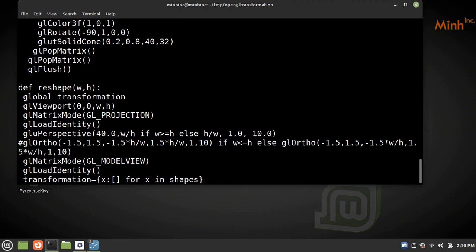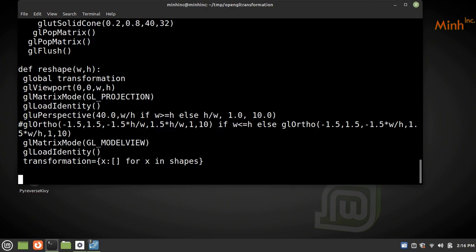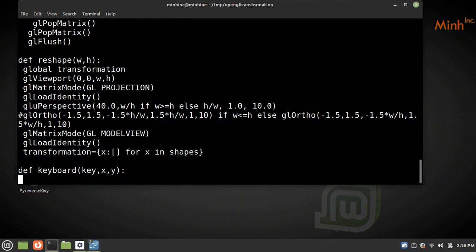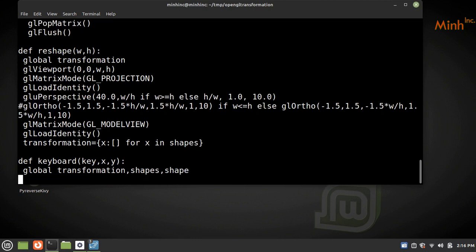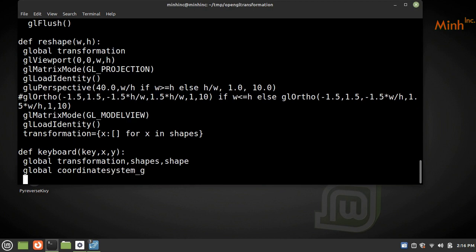Okay, now we have keyboard. Keyboard key x, y. Global is transformation, we are changing this. Shape, shapes, shape, global coordinate system G. Key equal to, will explicitly convert it to bytes.